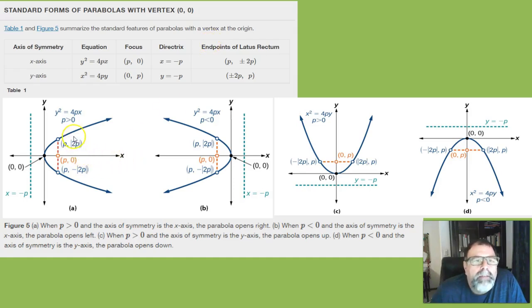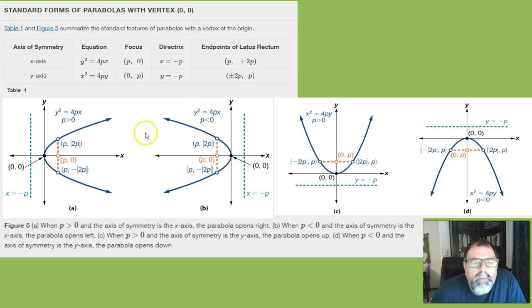The axis of symmetry could be horizontal, the x-axis. So again, when we move this away from being at 0, 0, we're going to say a horizontal axis of symmetry. So x-axis horizontal, or a vertical one. Okay, so if it's horizontal, this is the standard form y squared equals 4px.